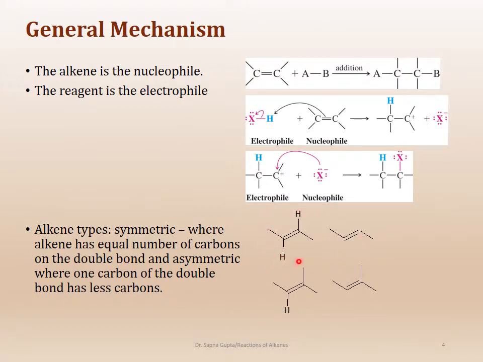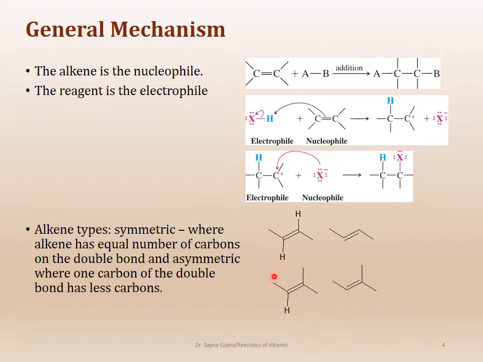In symmetric alkenes, the double bond is symmetric, which means that it has equal numbers of hydrogens and carbons, and so this is what a symmetric alkene would look like. It would be fine if it was cis also, it doesn't really matter, because even then you will have one carbon, one hydrogen on one carbon of the double bond, and one carbon and one hydrogen on the other carbon. So it will still be symmetric, whether it's cis or trans.